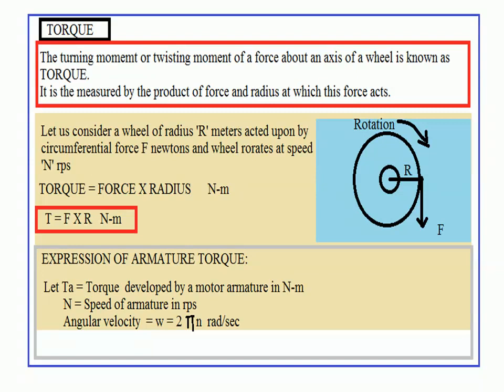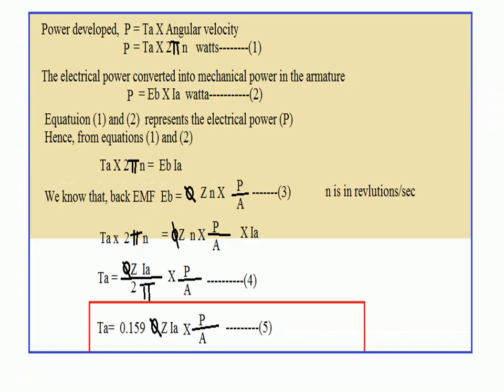Hence, angular velocity equals 2 pi n radians per second. Power developed equals torque into angular velocity. Hence, TA is the torque, 2 pi n is the angular velocity. You develop equation 1, it is in watts.